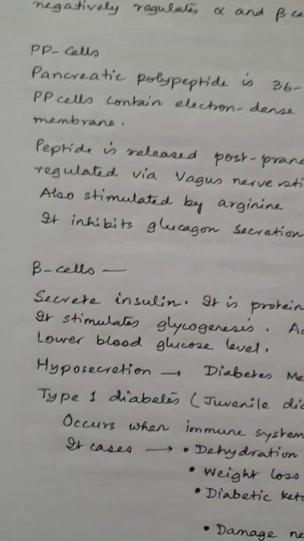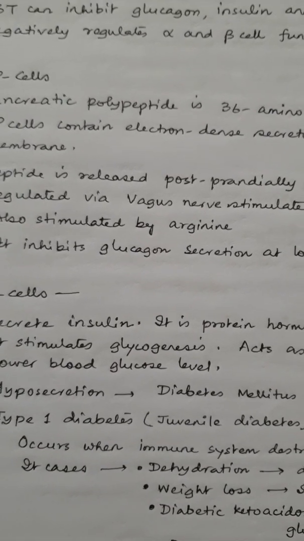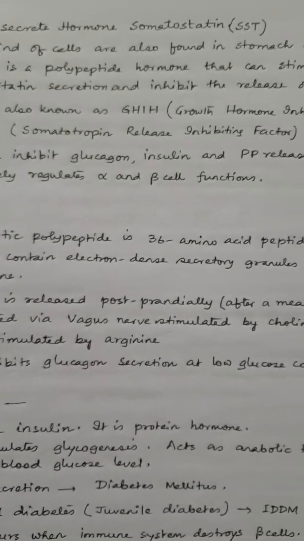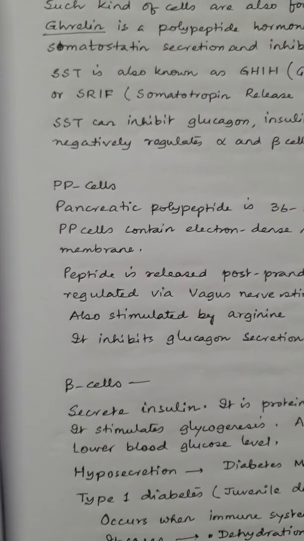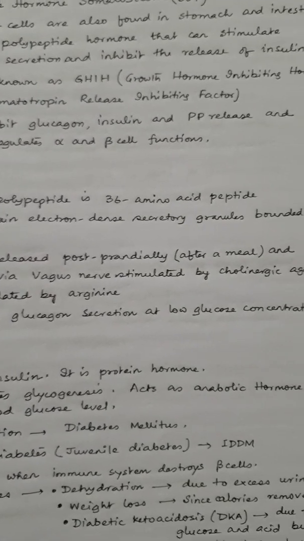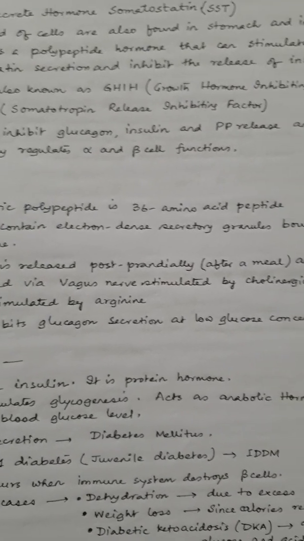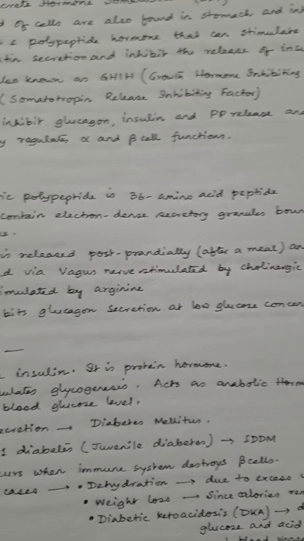The delta cells secrete hormone somatostatin. Such kind of cells are also found in stomach and intestine. Ghrelin is a polypeptide hormone that can stimulate somatostatin secretion and inhibit the release of insulin.